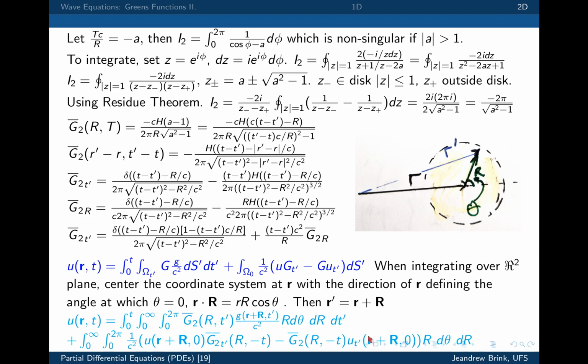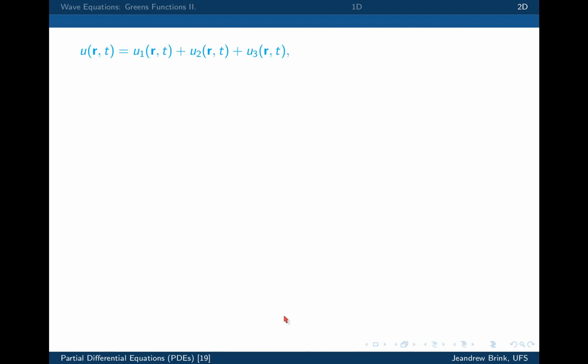And so the last step is to start massaging the actual expression of the Green's function a little bit so we can actually see what it means. And so the way I'm going to do that is I'm going to break up those three terms in the integral into three different parts and discuss each one in turn. So the first one is the one with the forcing term, so the guy with the stick is over there.